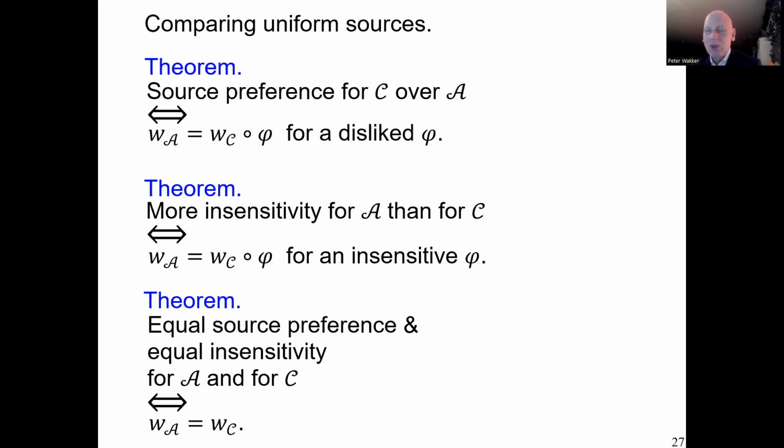Still, you can call that person ambiguity indifferent. I think that's a good term. But this person is very much reacting to ambiguity, very insensitive for the ambiguous source and not at all for the objective source. So it's not ambiguity neutral, that person. Therefore, this theorem shows that we get the components, but you need both of them.